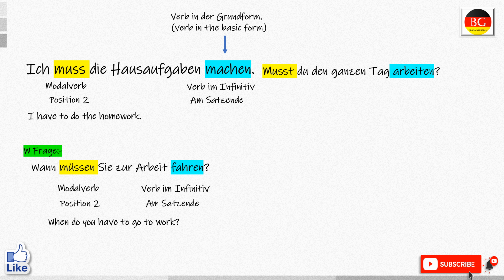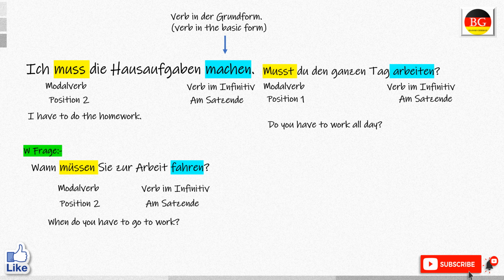Let's see how to frame the Ja Nein Fragen. Musst du den ganzen Tag arbeiten? Here, musst takes the first position, followed by the subject, then the object, and in the last the verb. The main verb in the basic form comes at the Satzende.